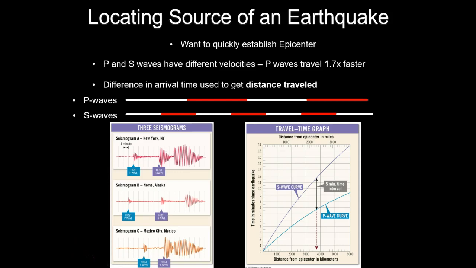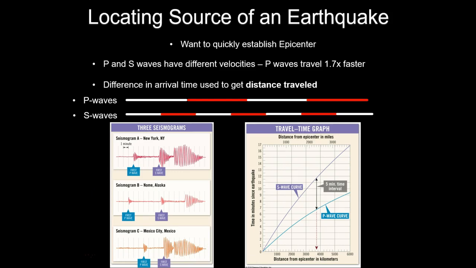So, if we take New York City's seismogram, for example, where the interval between the P and the S wave arrival time is about 5 minutes, we can see that the epicenter of that earthquake falls about 3,700 kilometers from New York, based on this travel time graph.